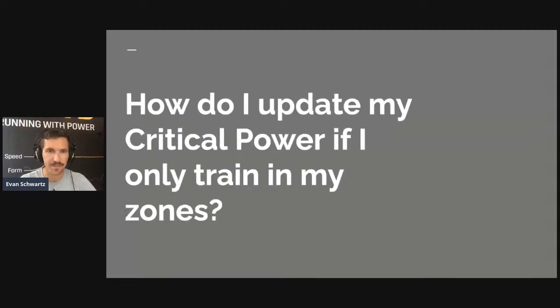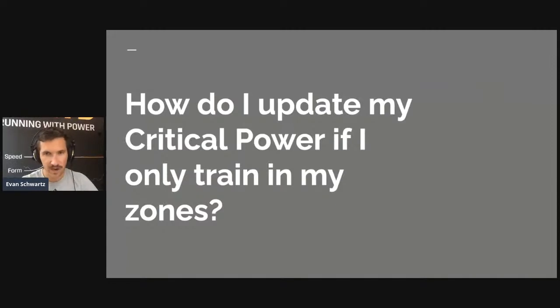How do I update my critical power if I only train in my zones? This is going to piggyback off of what I was just saying. We've had a lot of webinar and a lot of video content, social media content, talking about making sure your auto-calculated critical power is established correctly and it's updated correctly.